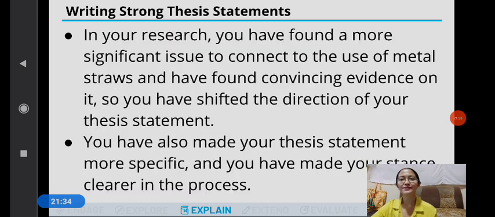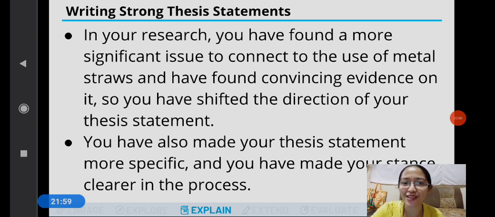Next, in your research, you have found a more significant issue to connect to the use of metal straws and have found convincing evidence on it, so you have shifted the direction of your thesis statement. You have also made your thesis statement more specific and made your stance clearer in the process.